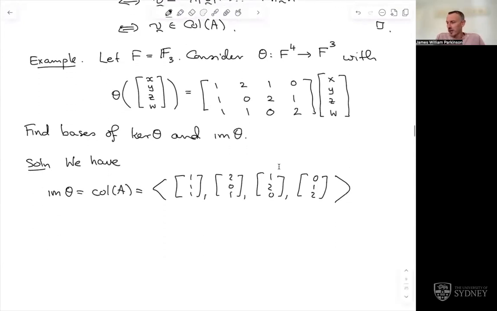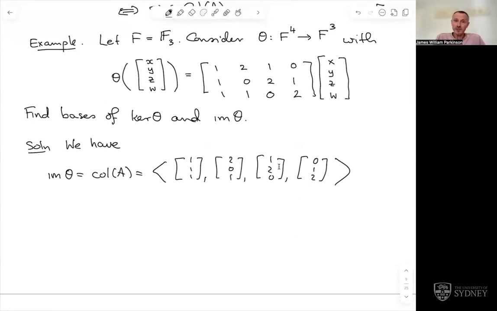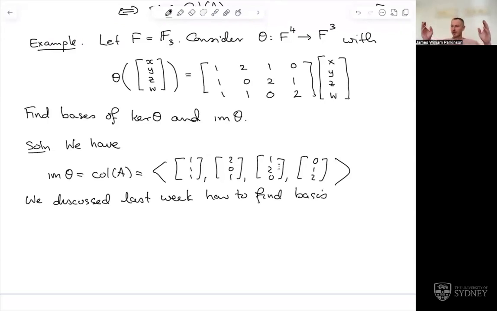Often we don't want to just say, okay, that's the image. We want to find a basis for the image, describe it a bit better. And we discussed that in week 2. What we did was we put these 4 vectors into a matrix.